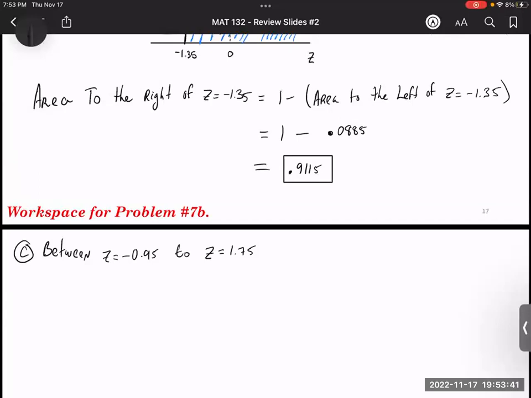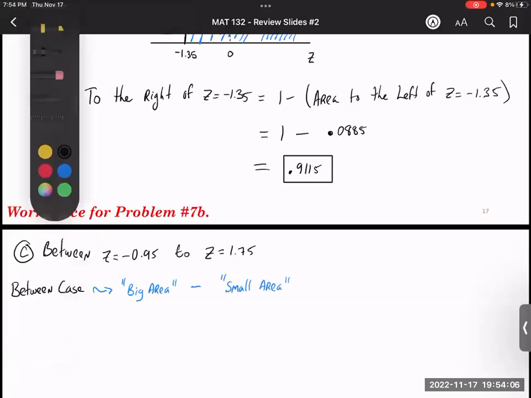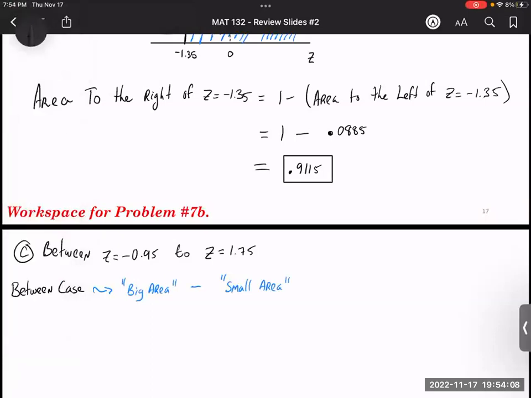Two. I was writing down some notes before I solved the problem. When you have the between case, the idea is that you take the big area minus the small area. So which z value do you think is going to have the big area, z equals 1.75 or z equals negative 0.95?